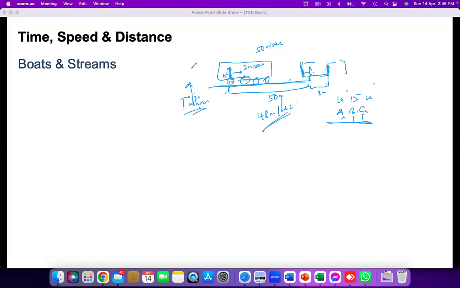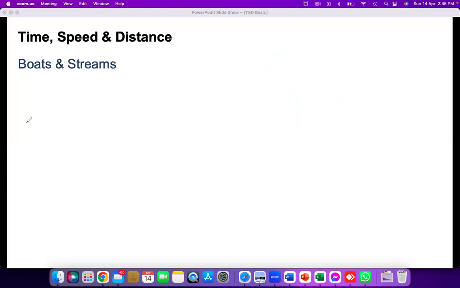Now, coming to boat and stream. Let's say the speed of the boat in still water is A. Boat and stream is a different case than relative speed, because here the speed of one body is influenced by the other body.